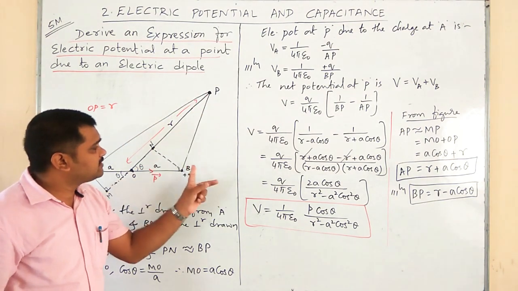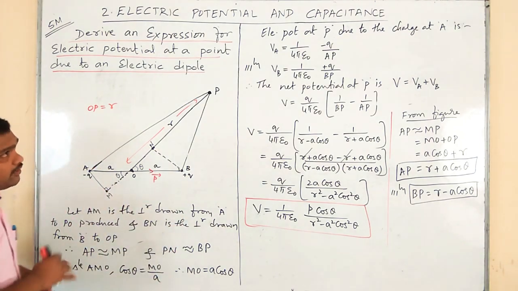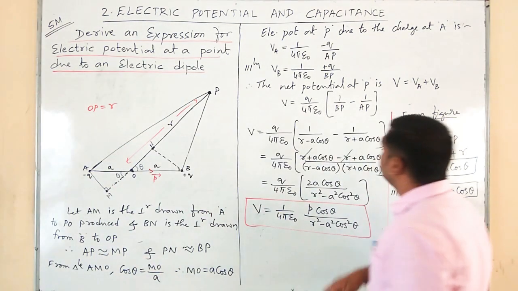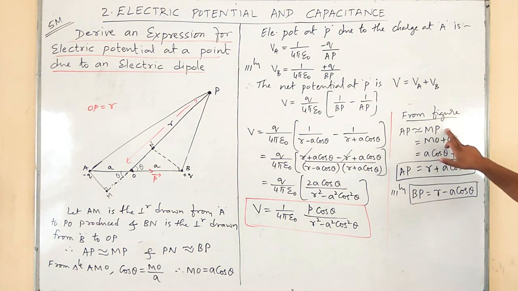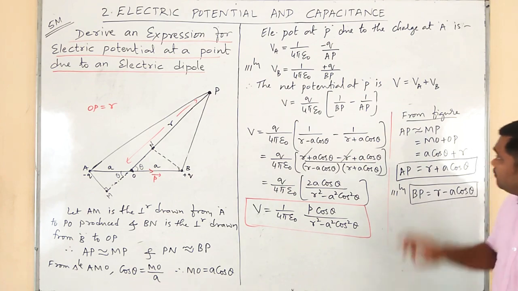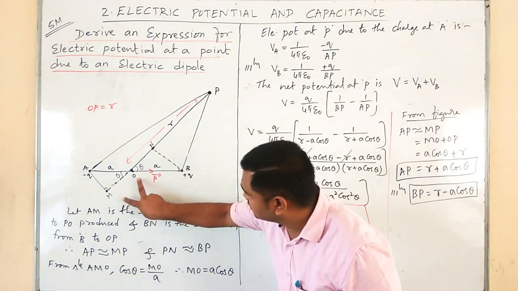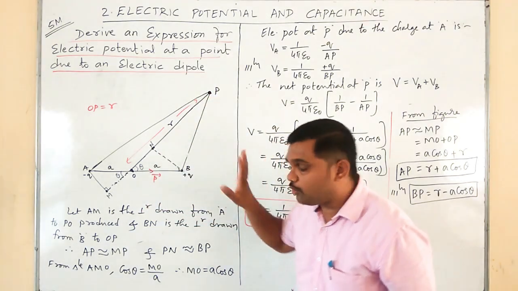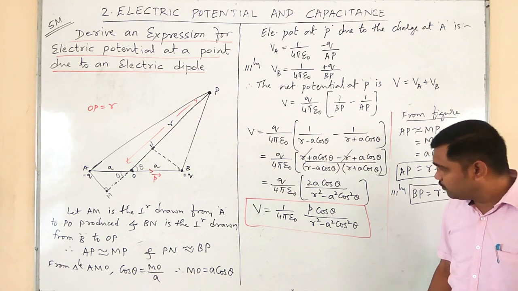Similarly, NP is approximately equal to BP. Next, come here. From the figure, AP is approximately equal to MP. The value of MP, M to P, is nothing but MO plus OP. We don't know the value of MO.